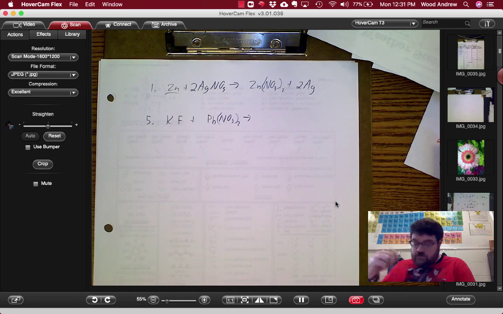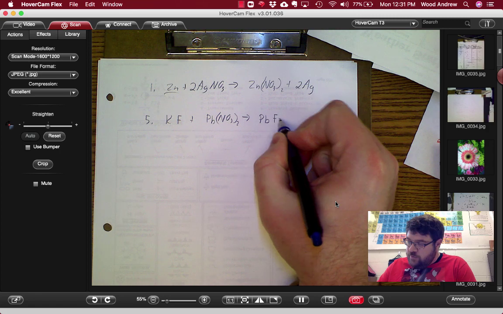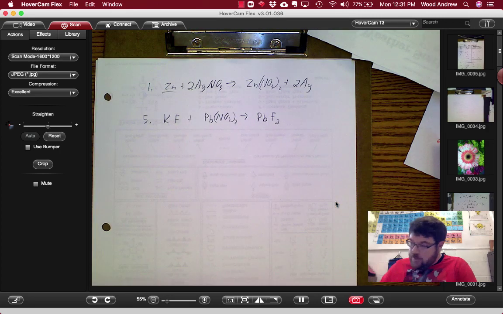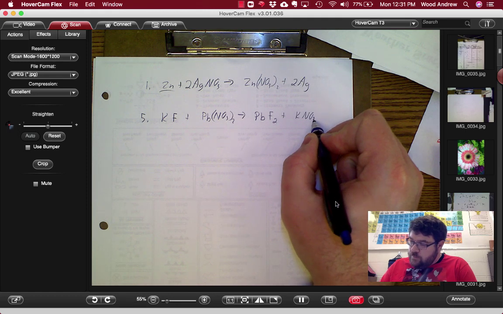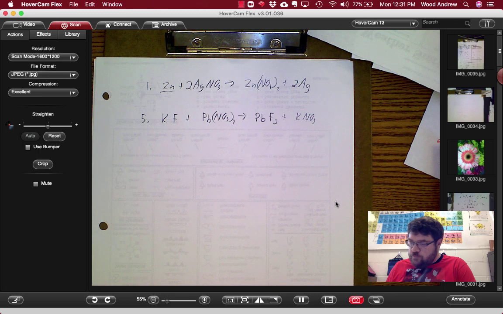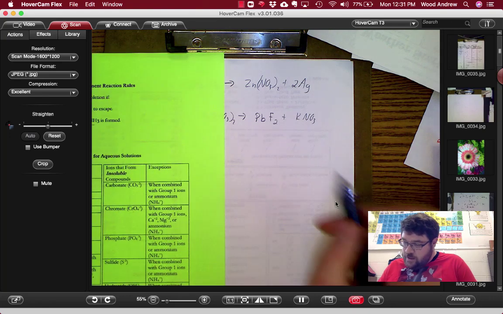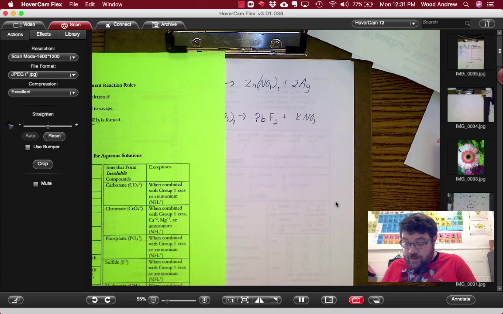Okay. Double replacement reaction, 2 compounds. So lead will bond with fluorine, and lead keeps its positive 2 charge across the reaction. And then potassium nitrate. Okay, let's take a look and see if this will occur. Again, we need a non-aqueous substance. Lead fluoride. Okay, fluoride is a halide.